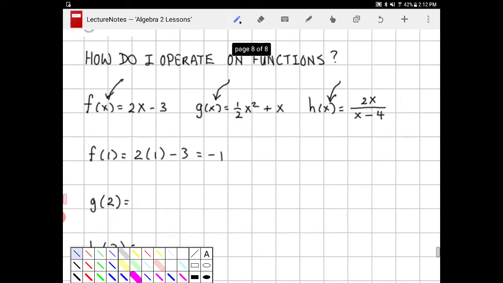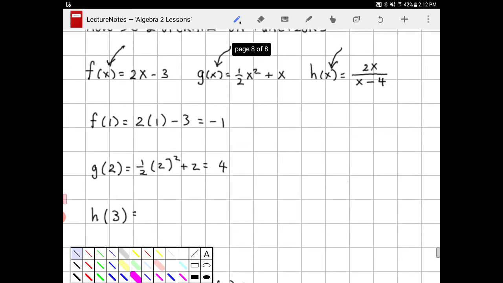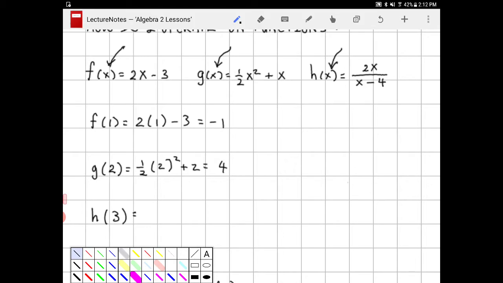I want to evaluate g of 2. So the input is 2, and the output is what g evaluates to. So that will be 1/2 times 2 squared plus 2, which is 4. We repeat this again.